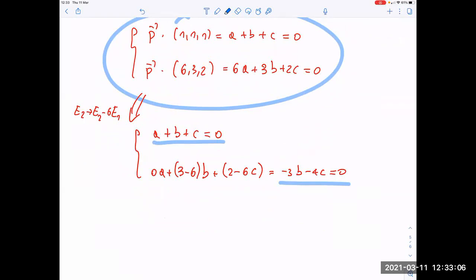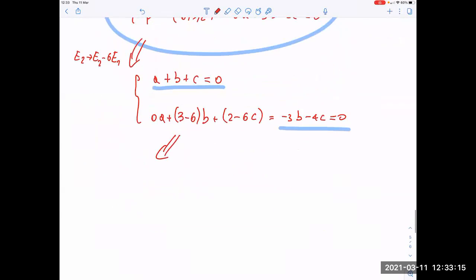So this is what I want to do now. And what I can do is to say, well, I can play another game now to find an equivalent system to this one. And what game can I play? Well, I want to cancel B from the first equation. So I change equation 1 with equation 1 times 3 plus equation 2. So equation 2 stays the same. And I change equation 1 by multiplying by 3.